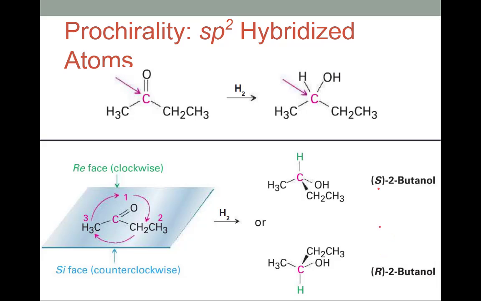So bottom line here, a question might say, what product is formed if hydrogen is added to the Re face of 2-butanone? We'd say, okay, hydrogen's adding here. It's going to look like this. And now I'm going to name this guy all by itself. Forget the Re stuff from the reactant side. I'm going to rank and name these guys just like I know how to do.